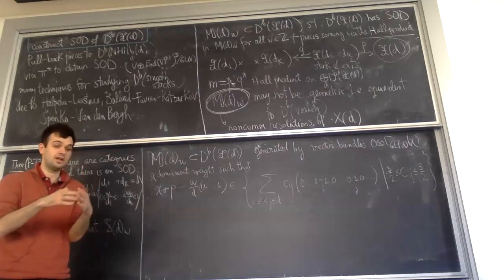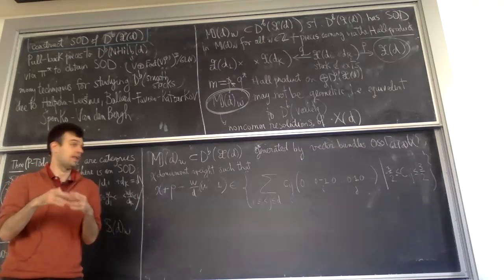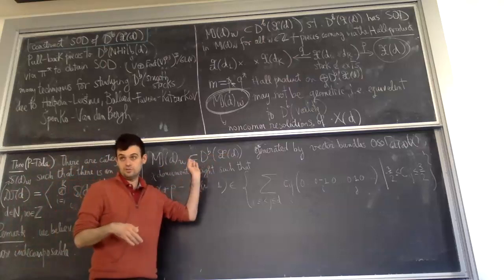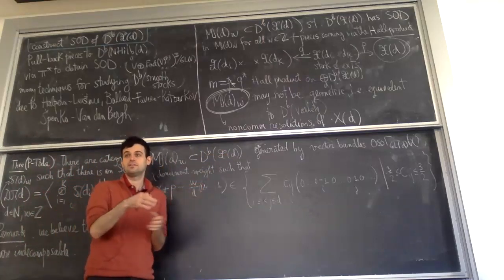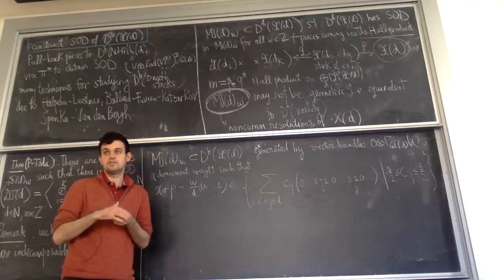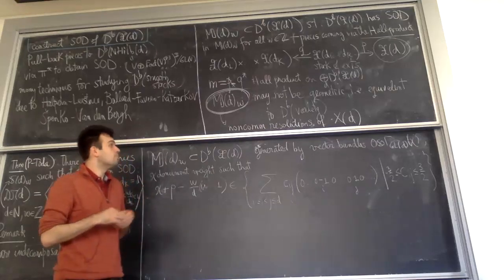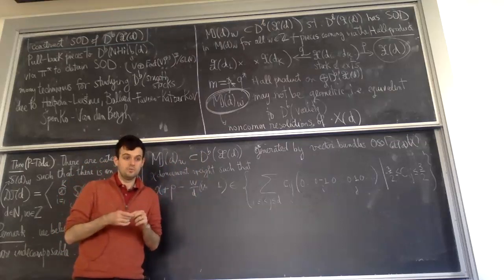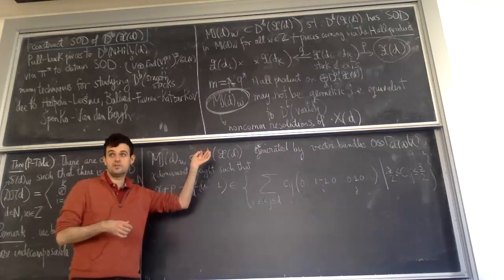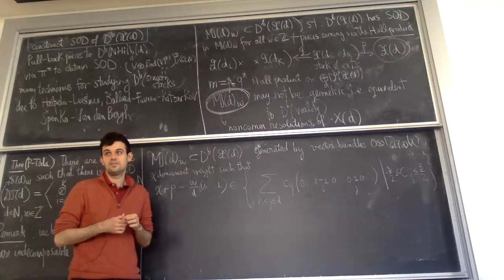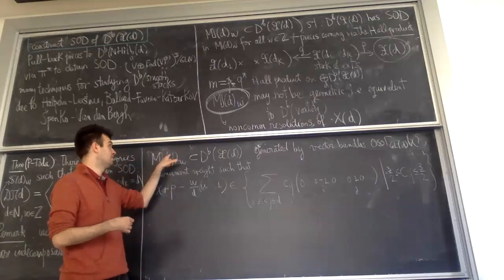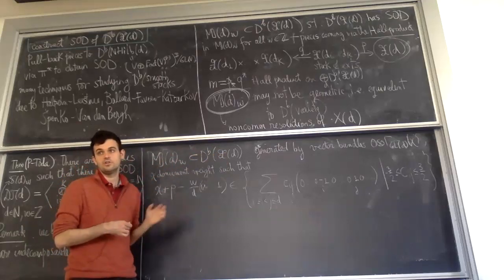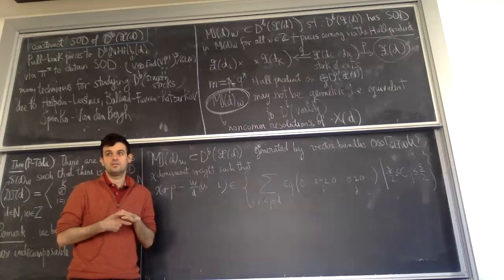For any polytope inside the weight lattice, you could construct the same category, defined as generated by vector bundles. But then most of the categories will not be admissible, so will not be part of a semi-orthogonal decomposition. Another way of saying this is that the inclusion functor does not have a left or right adjoint for most polytopes.